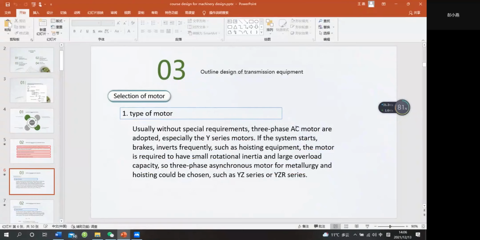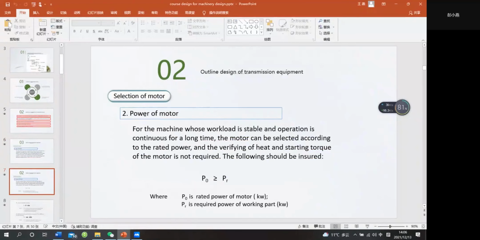Usually choose the Y series, and then calculate the power of the motor. For a machine whose workload is stable and operation is continuous for a long time, the motor can be selected according to the rated power, and verifying the heating and the starting torque of the motor is not required.